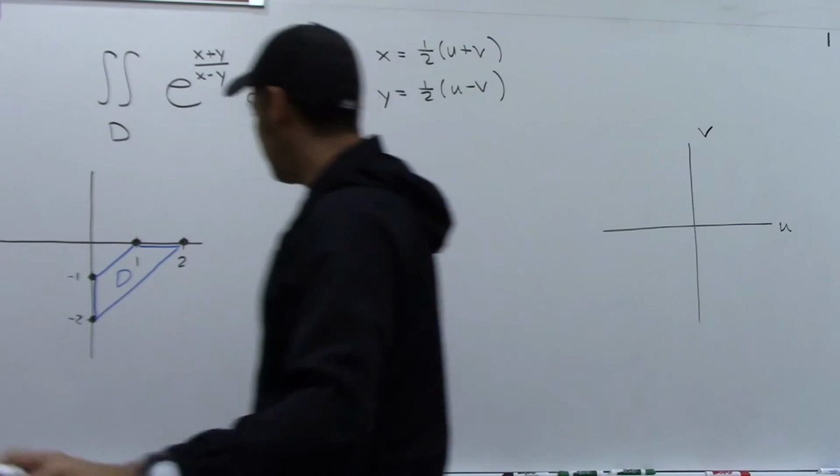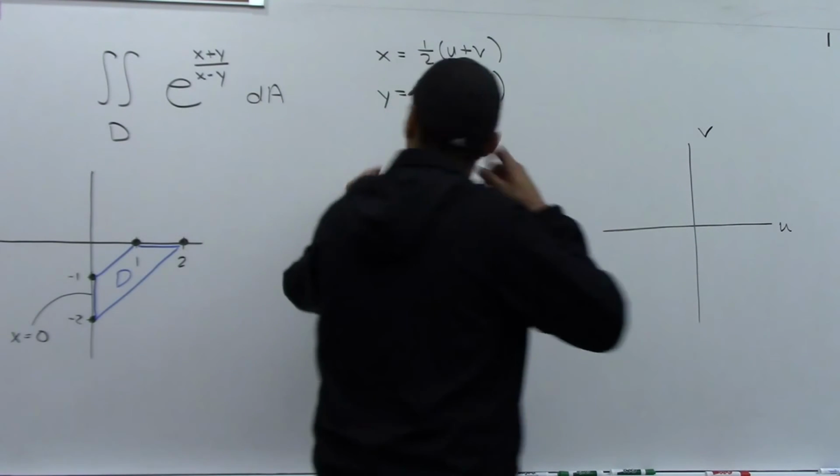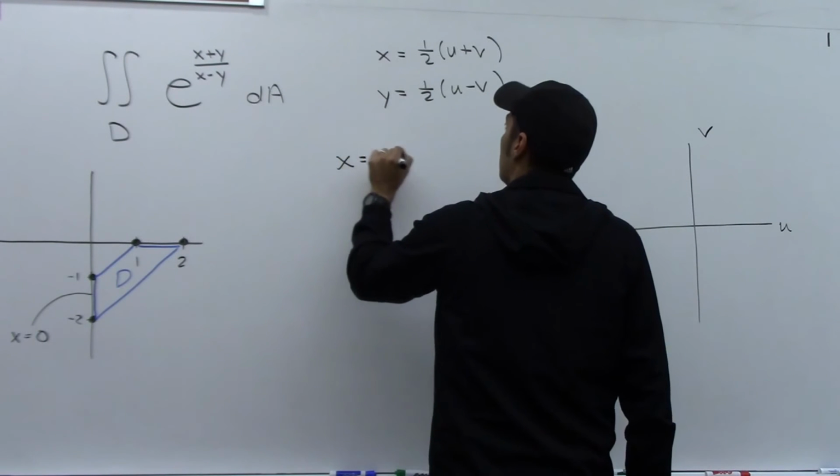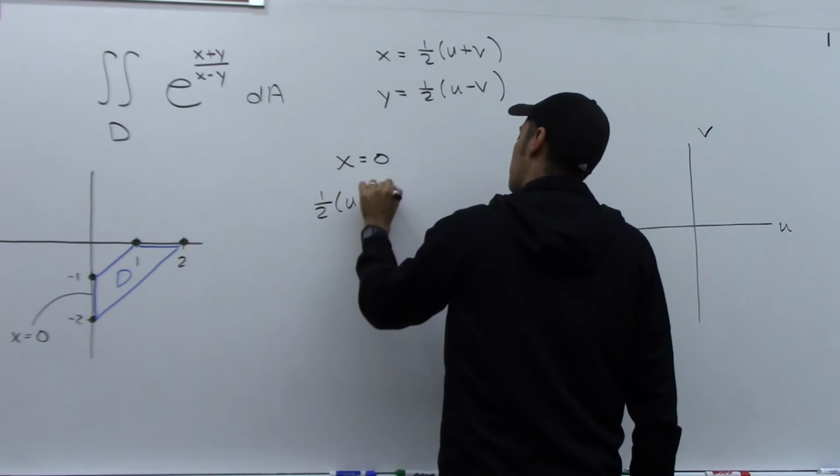And when I look at this, I've got to figure out what these equations are. So that little line segment right there, that's the equation x equals 0. And notice that my y values are between -1 and -2. So if I write down x is 0, that gives me 1/2 (u plus v) equals 0.